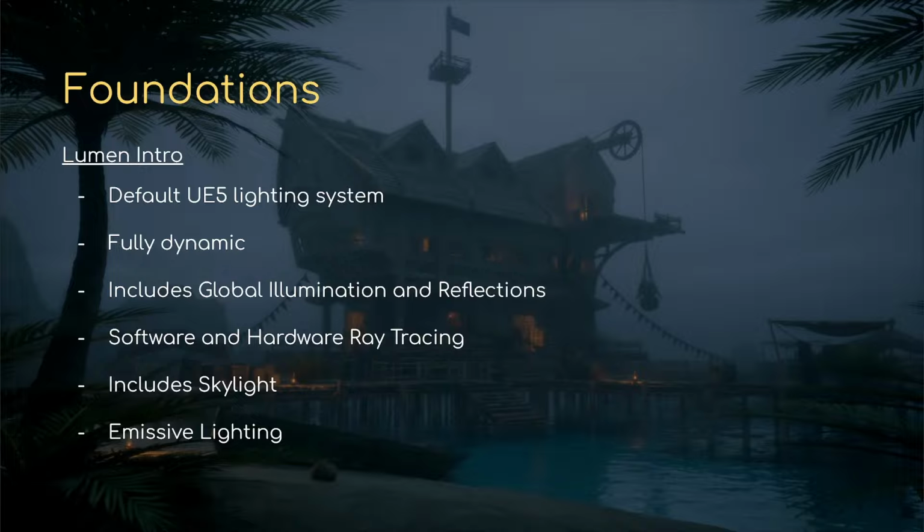It supports software and hardware ray tracing. We'll talk about that later too. It includes the skylight, which is a big difference with Unreal 4, because a skylight was already a light in Unreal 4. But the main difference here is that it's taken into account by Lumen. So for example, if you're in an interior and you have a skylight and there are no windows or any opening to the skylight, the interior is going to be dark.